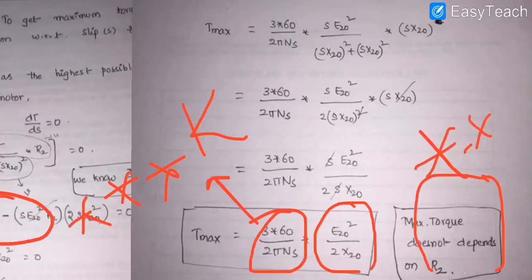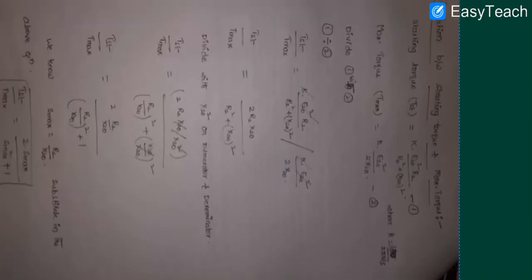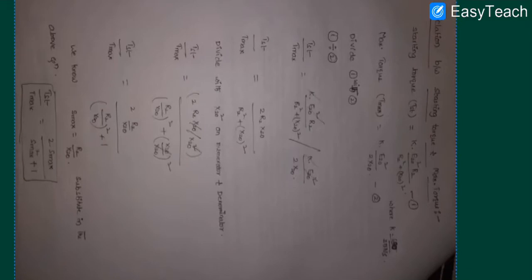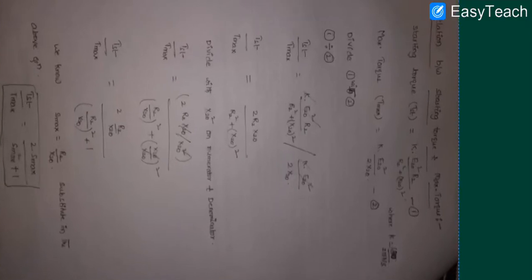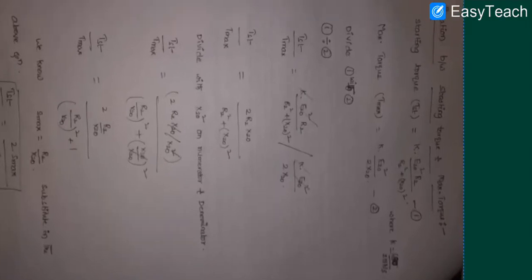So this is the maximum torque. Now coming to the relation between starting torque and maximum torque. We have to use that expression. Here this is our starting torque expression, where S is not present, that is S is equal to 1, and this is our maximum torque.